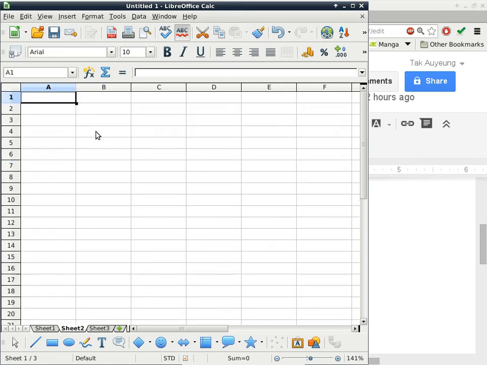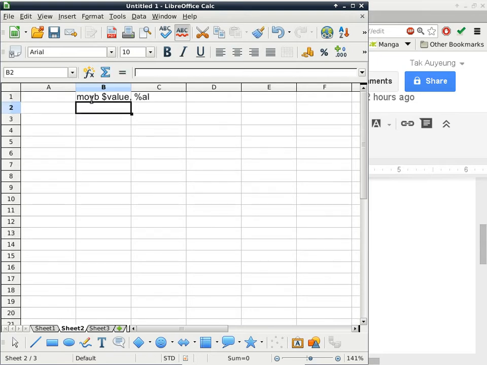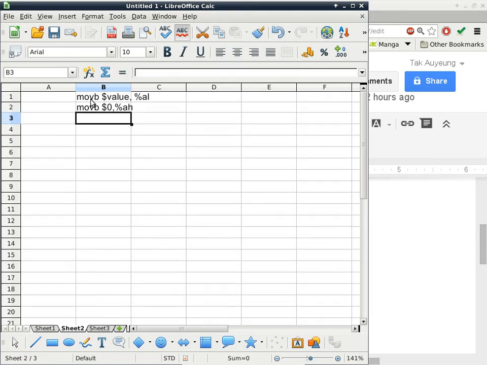Okay, I'm just going to use another sheet here, and I'll go ahead and replicate the instructions. So we have move B value to AL, move B $0 to AH.